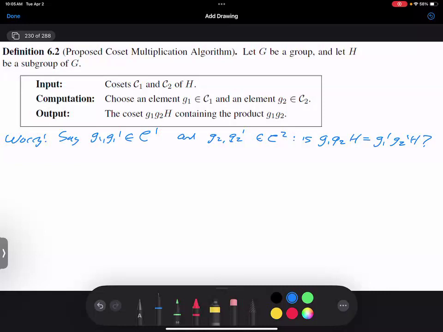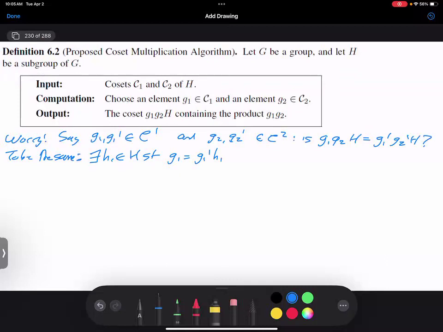So to be the same, we need G1, G2... let's write slowly. So there has to exist an H1 in H such that G1 equals G1 prime H1.